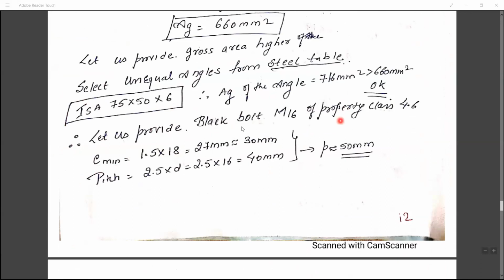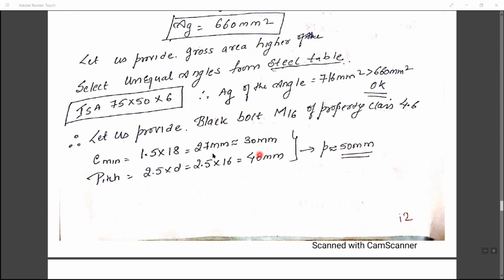Here 16 was there, plus 2 clearance, that will become 18 mm, so that is equal to 30 mm. Pitch distance is about 2.5 into D, so 2.5 into 16 is equal to 40 mm. You can consider it as 50 mm also. If you take 40 mm, no problem; if you want higher values, you can take up to 50 mm.